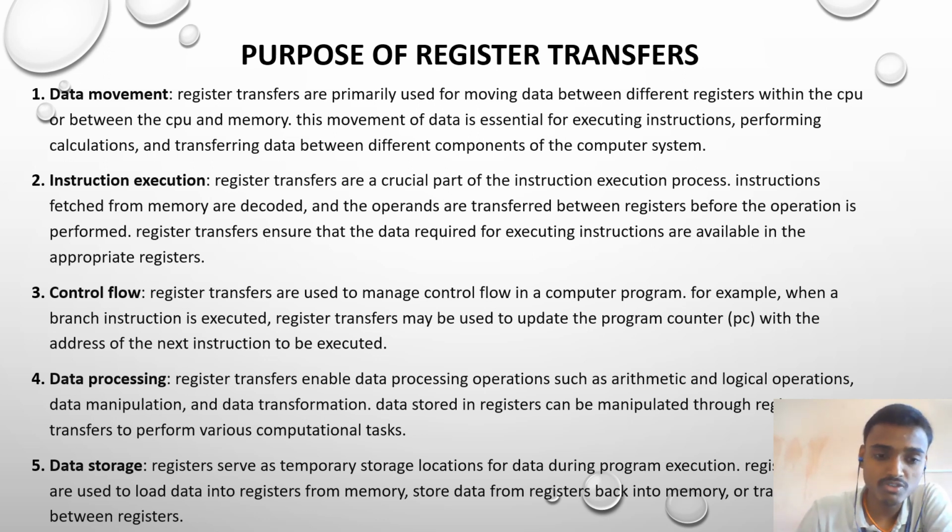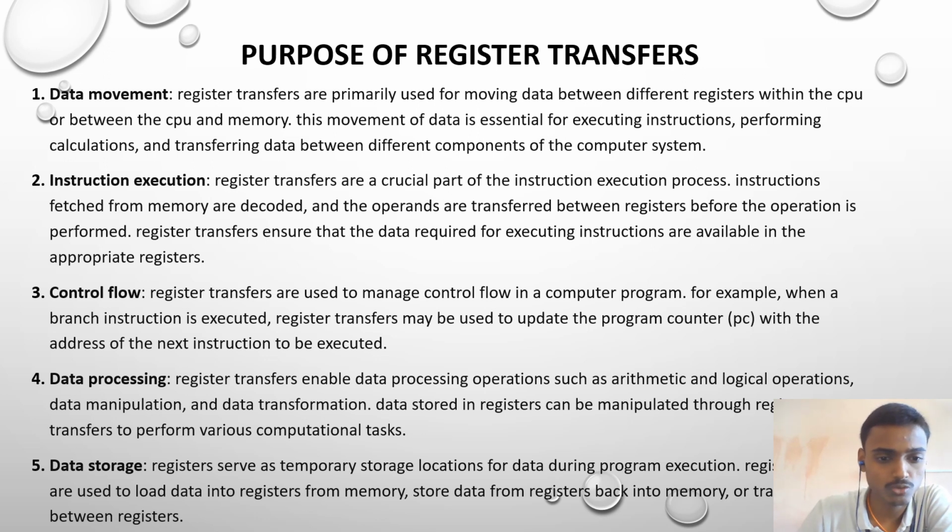So, in order to perform an operation, first the data, let us say the data is a number, should be transferred from one register to another register where it performs the microoperation and transfers the result to the memory. So this transfer ensures that the data required for executing instructions is available in the appropriate registers.